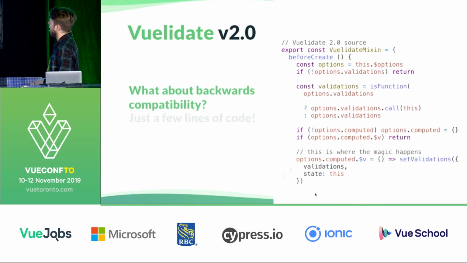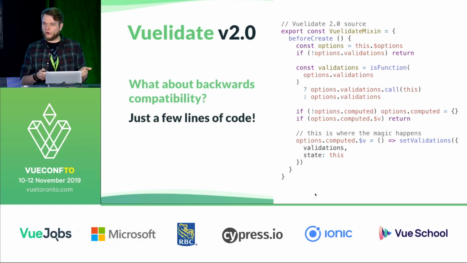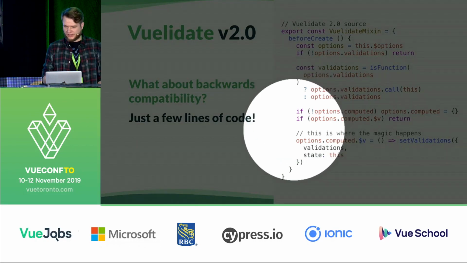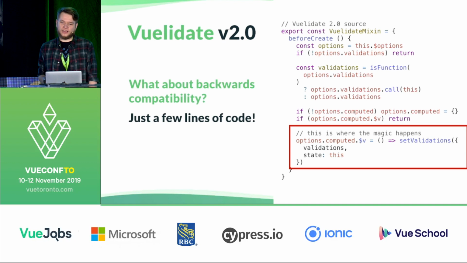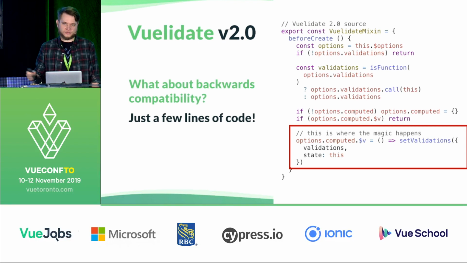Okay, what about backwards compatibility? Turns out the only thing that was required to enable backwards compatibility with the old or current options or object-based syntax is this part. Up until now, just create a new computed property and call the setValidations method, which is kind of the same as useVuelidate, and it just returns the current validations.